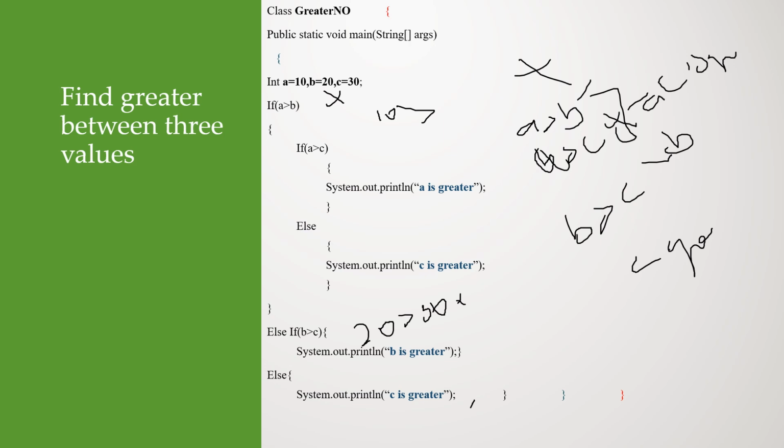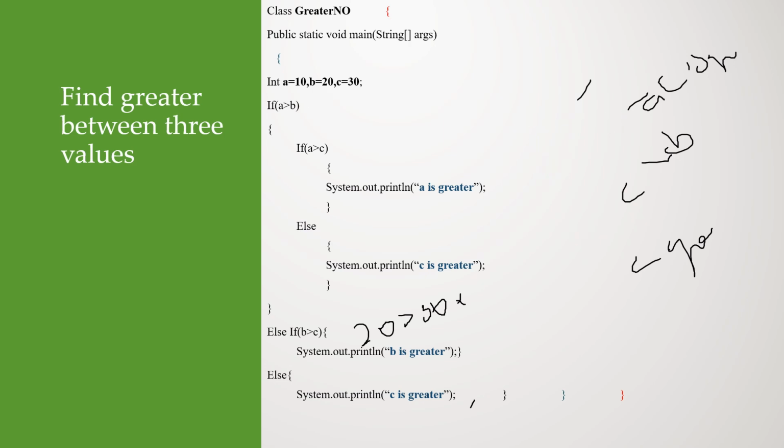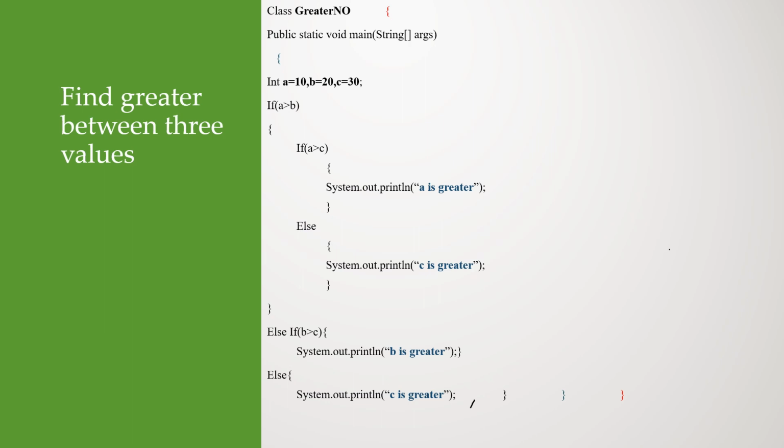So like that, as per the values, think about it, what answer will come in the ABC, which one will be correct? If you see C is greater, and which one it will execute, whether this one or this one.